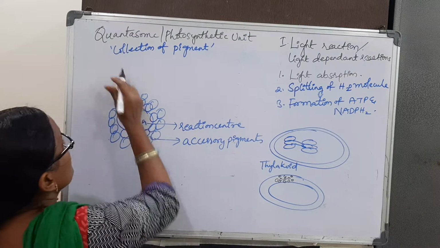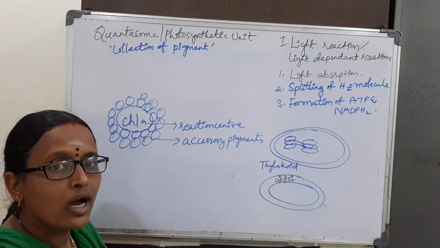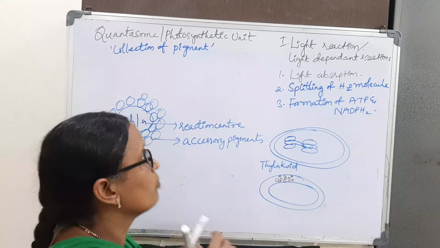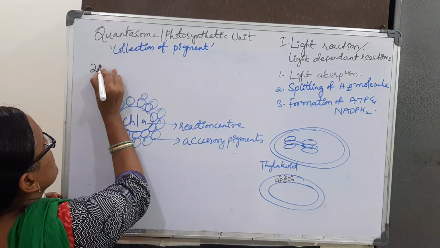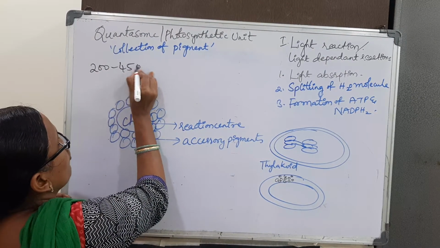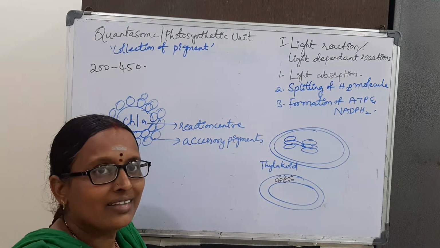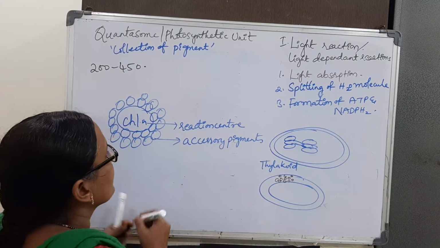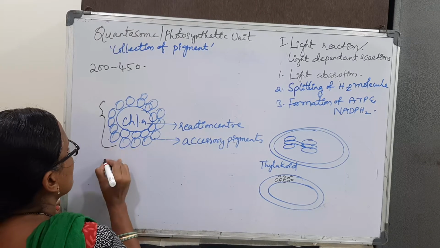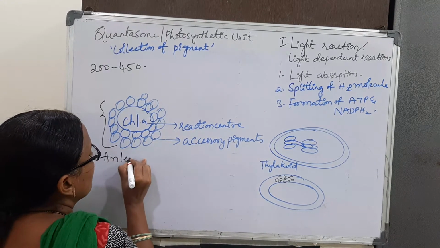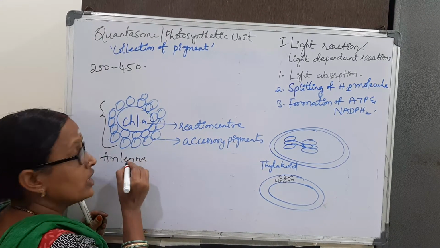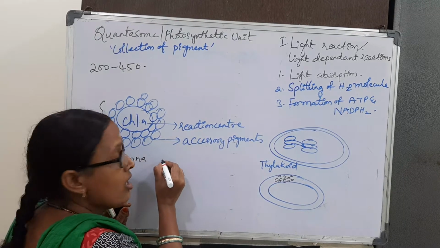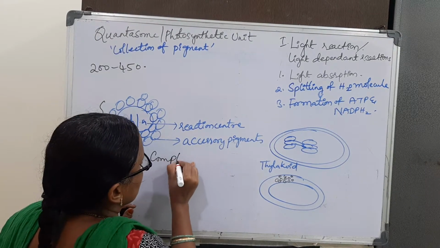That is called the photosynthetic unit or quantasome. Nearly 200 to 450 pigments are gathered in that. They are capturing light, acting as an antenna. It is also called the antenna complex.